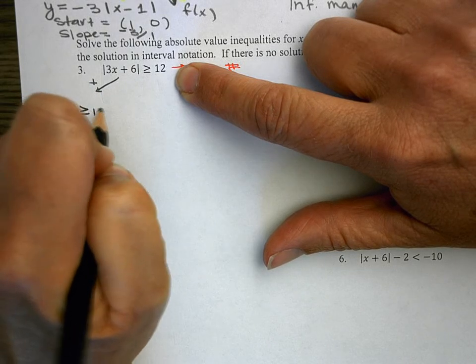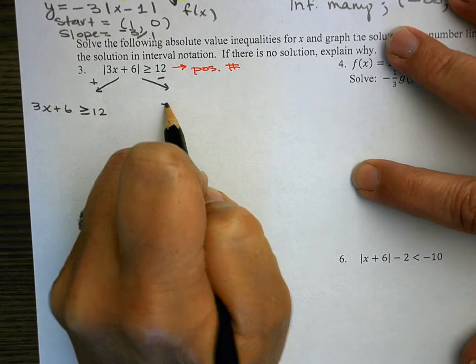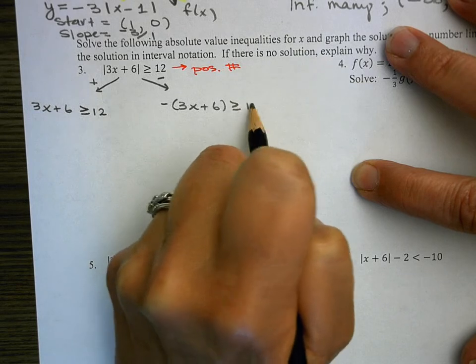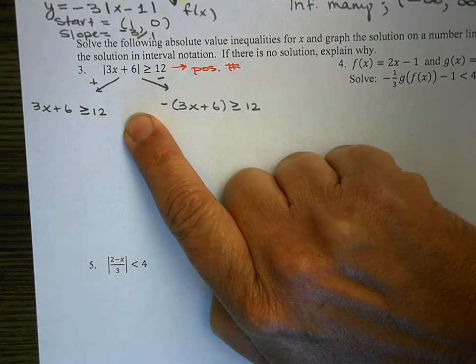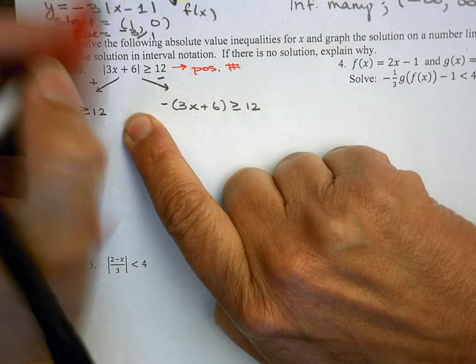And then we're going to have our negative version. And then I'm going to put the word and or here to remind me of my solution. So this is a greater, so this is going to be or.